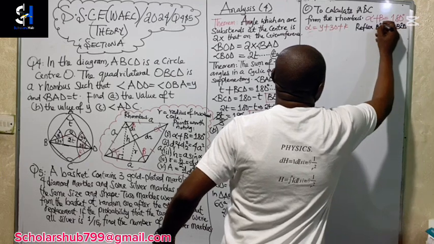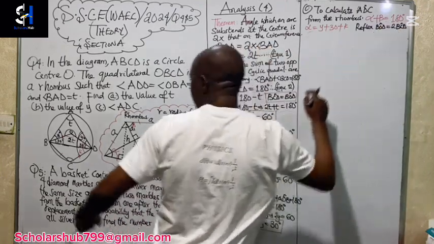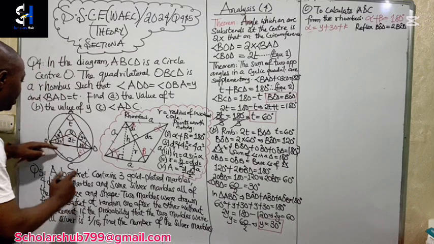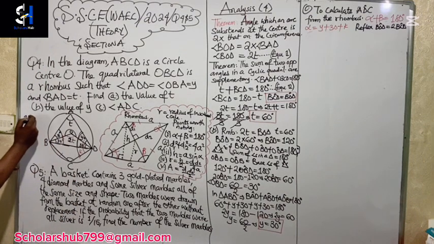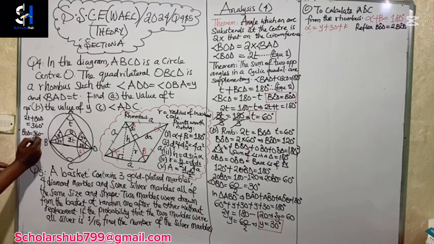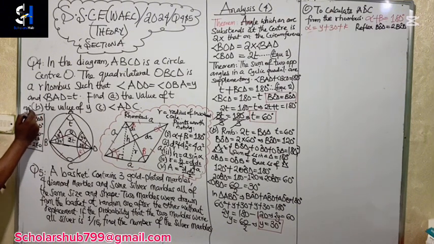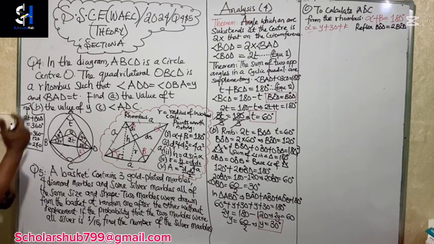Now, to calculate BOD, we know that 2t plus BOD equals 360 degrees. 2t is 120 degrees, so BOD will be 360 minus 120, and that will be 240 degrees.